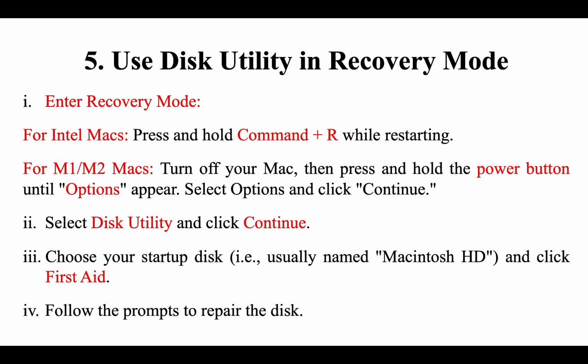For Intel chip MacBooks, press and hold Command and R while restarting, and for M1 M2 chip Macs, turn off your Mac, then press and hold the power button until options appears, select options and then click continue, and then select Disk Utility and click continue, and then choose your startup disk that is usually named Macintosh HD and click First Aid. Follow the prompts to repair the disk.